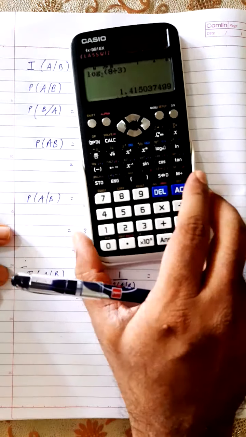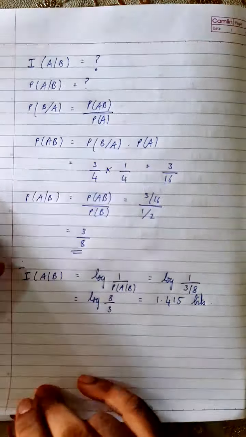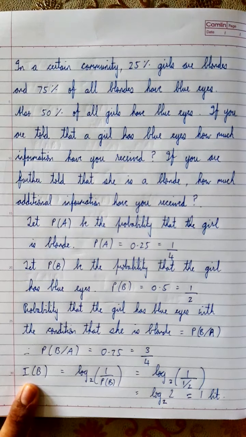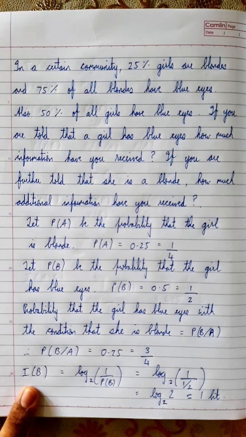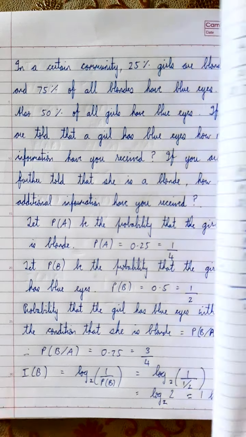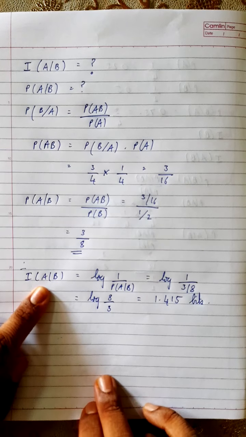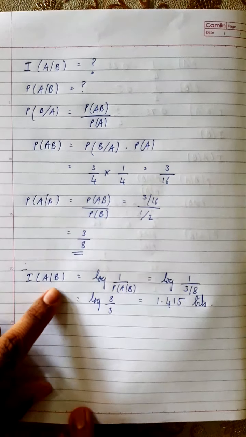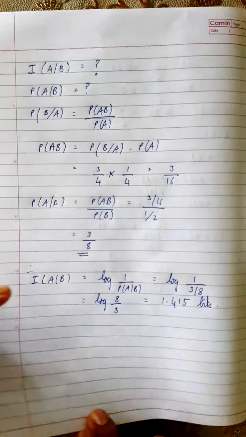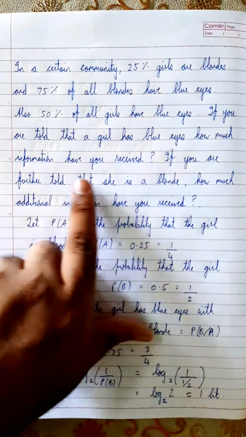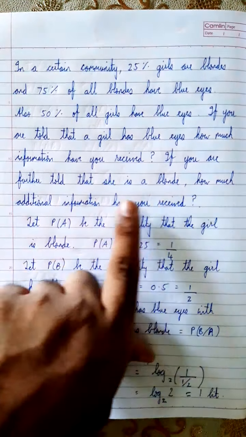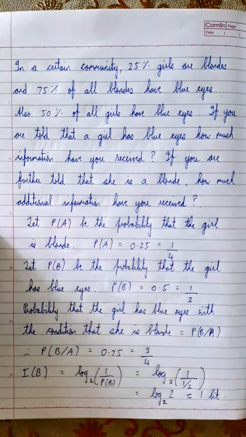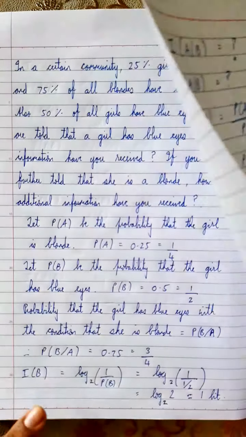Now read the question. What is I of B? It is the information received that the girl has blue eyes. And I of A by B is the information received that the girl is blonde when you already know that she has blue eyes. The question says: if you are further told that she is blonde, how much additional information have you received? Additional information means this minus this.